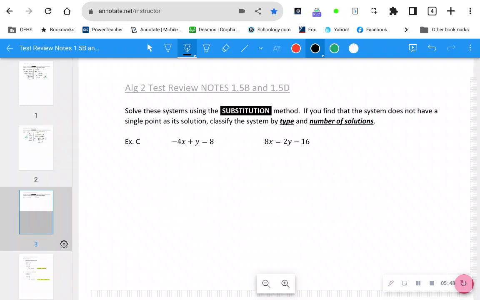Okay, so this next one here, we're scanning the problem here, and we notice that there's a 1y right there. So that tells me I want to get that by itself. I'll add 4x to the other side once I get my correct tool here. So it's going to be y equals 4x plus 8.